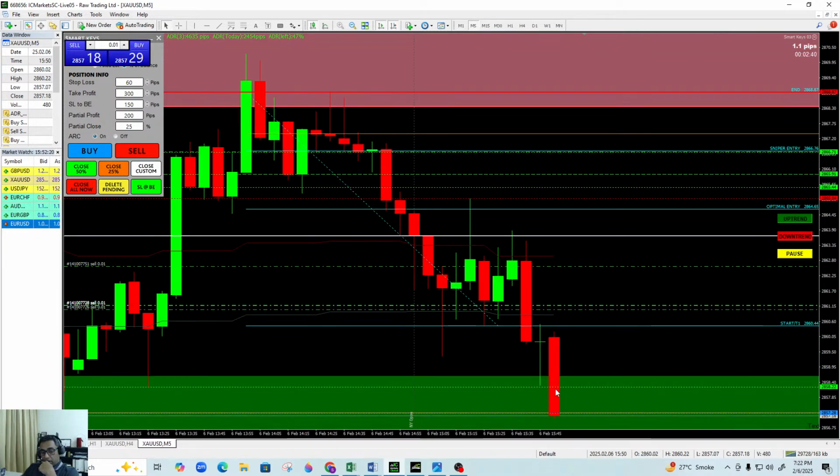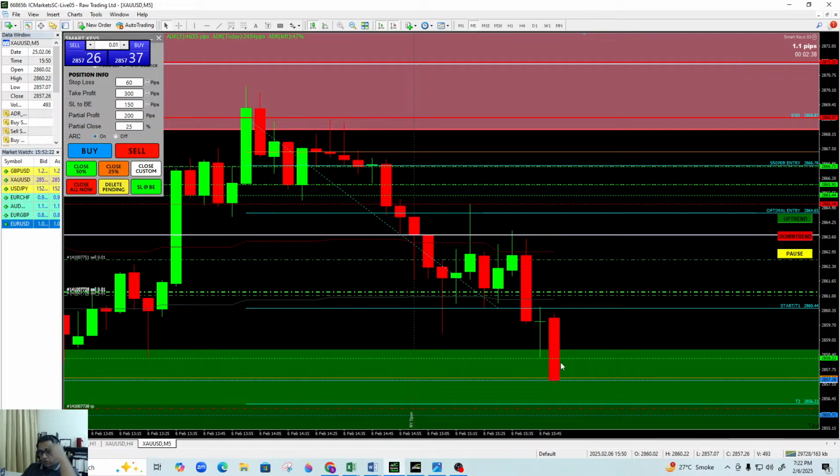If the 5-minute candle can close below this, we've got 2.5 minutes for the candle to close.